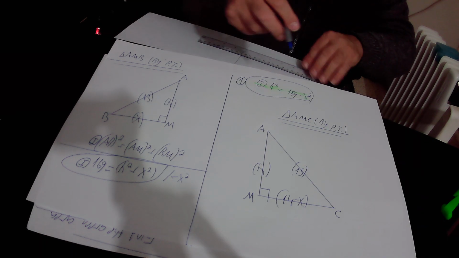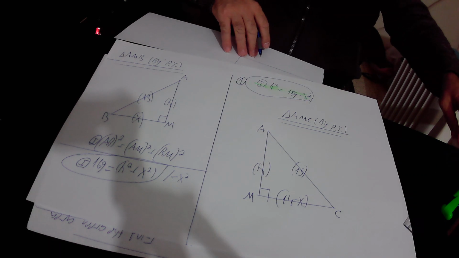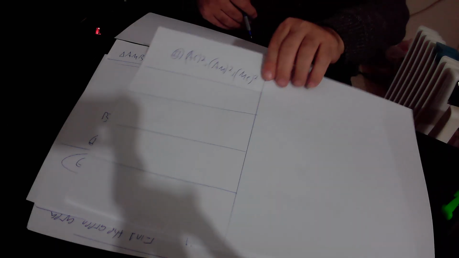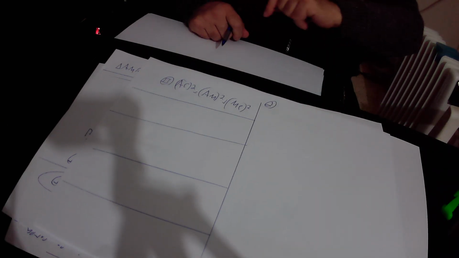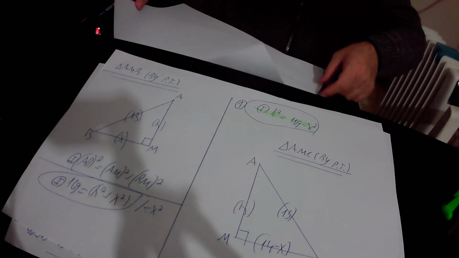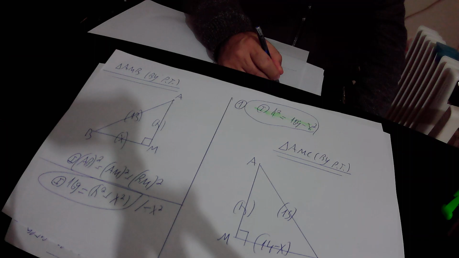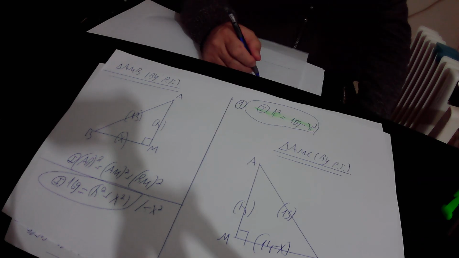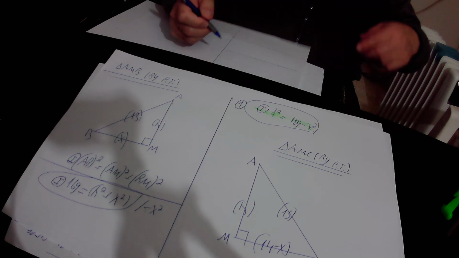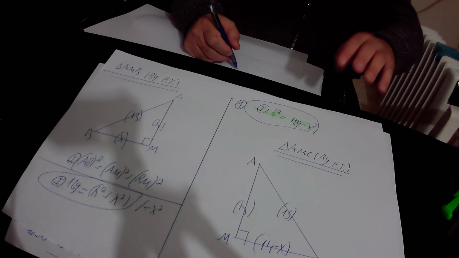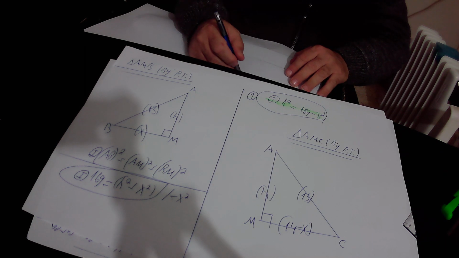I repeat again, in this right triangle AMC according to the Pythagoras theorem, AC square equals AM square plus MC square. AC is 15, therefore AC square is 15 square, that is 225. And it equals AM square. AM is H, therefore AM square is H square, plus MC square. MC is 14 minus X, therefore MC square is (14 minus X) square.